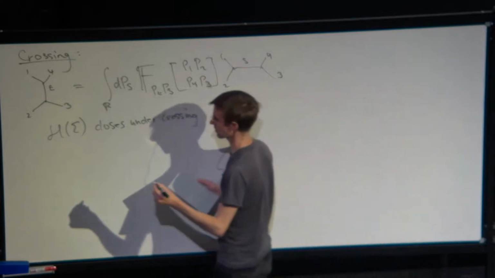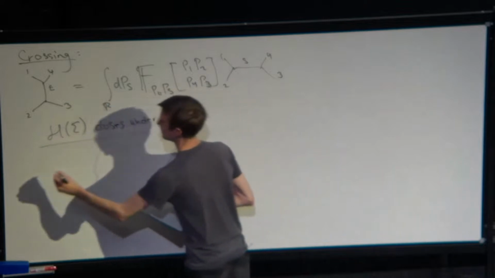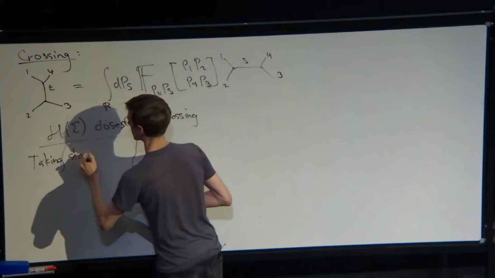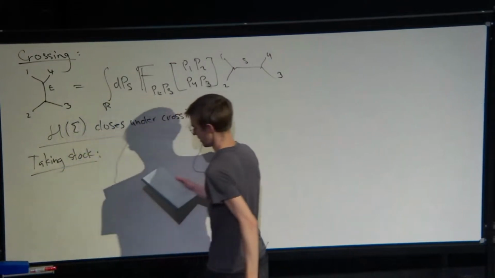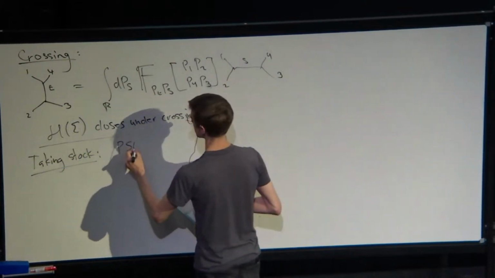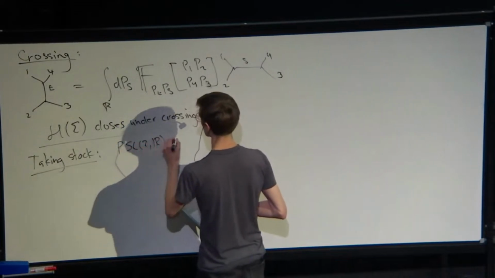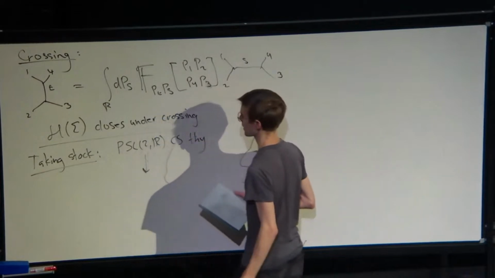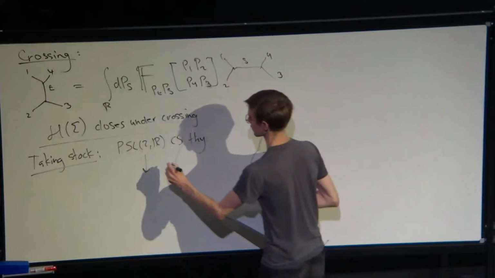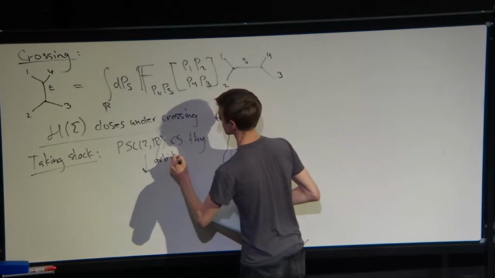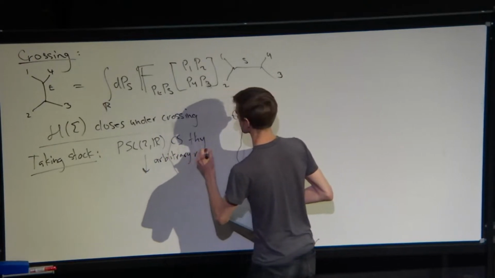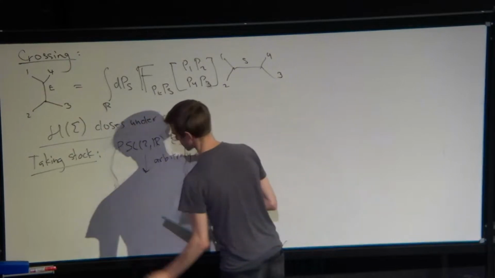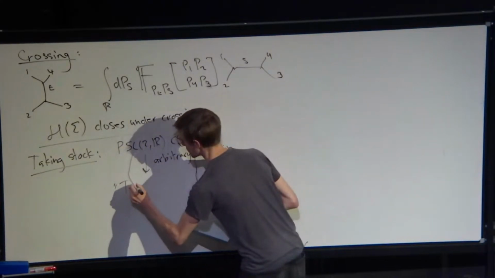So let's take stock of what we've done so far. We started with this PSL(2,R) Chern-Simons theory. We then made what, from the gauge theory point of view, surely looks like an entirely arbitrary restriction on the phase space to focus just on this Teichmuller component.